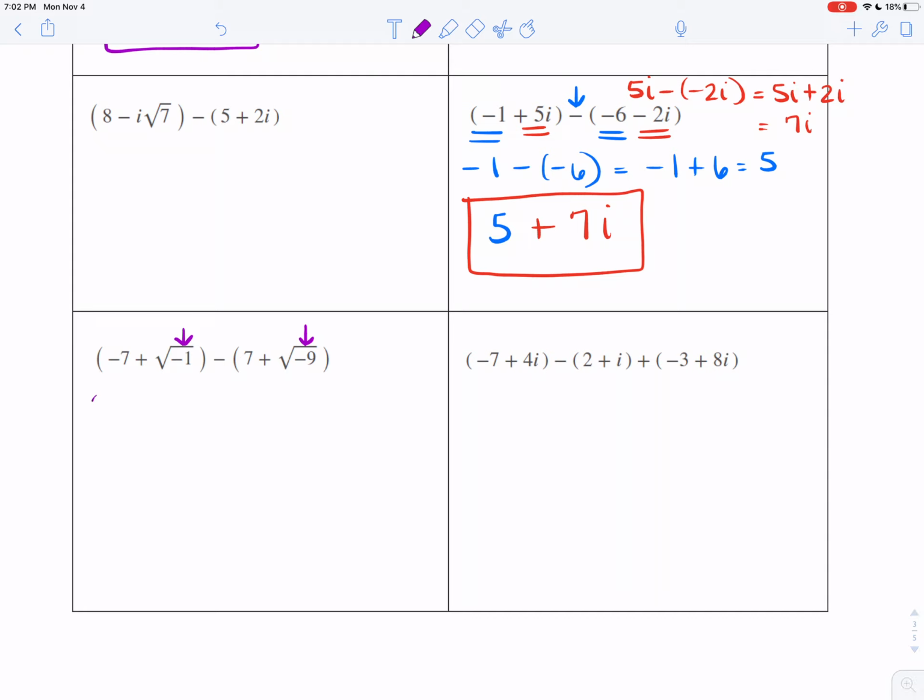So I'm going to rewrite this as -7 plus, and the square root of -1 by definition is i, minus 7. And then this would become i times the square root of 9, which is i times 3, or 3i.